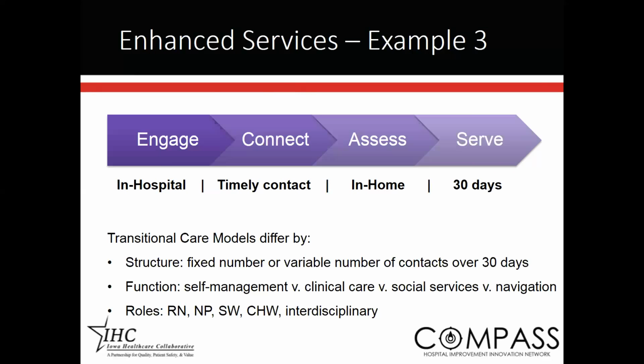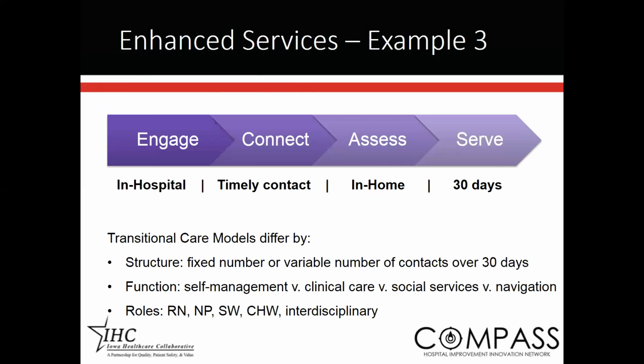And so you can see by this little schematic that transitional care is meant to start in the hospital with the engagement discussion, and then it follows up in a timely manner within a couple days with the patient once they get to the next setting of care. An in-home assessment is usually the secret sauce to making these things effective, and then staying connected with the patient for about 30 days is the typical model.